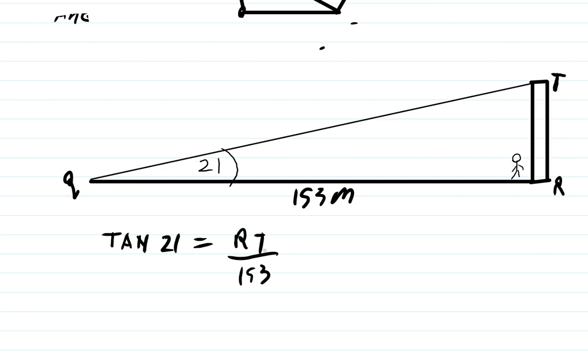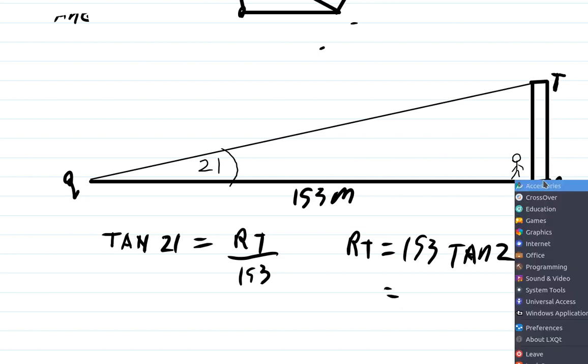They give 2 marks for this. I guess 1 mark is for properly interpreting what the question is saying, and the next mark is for correctly calculating the height RT. When you work this out, you're going to get RT equals 153 times the tangent of 21. That would be equal to what?